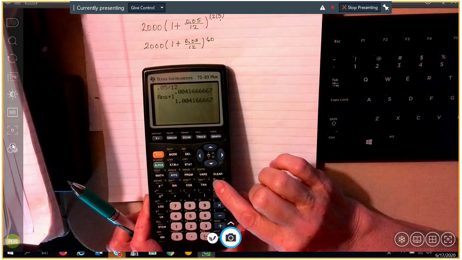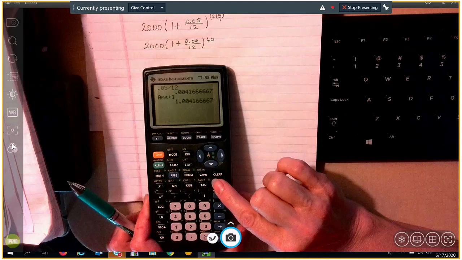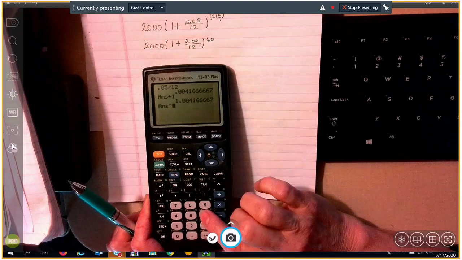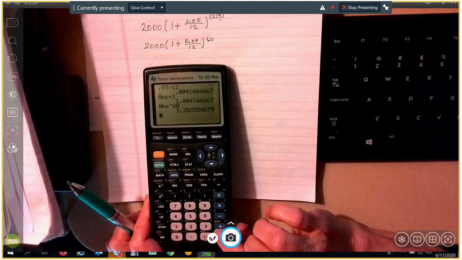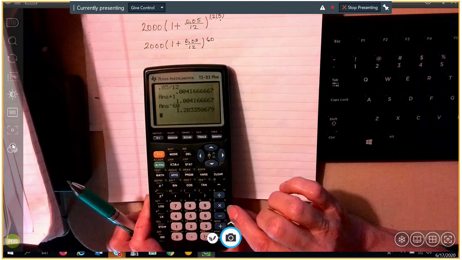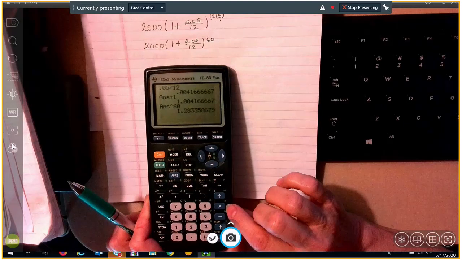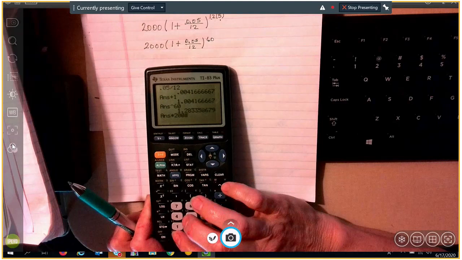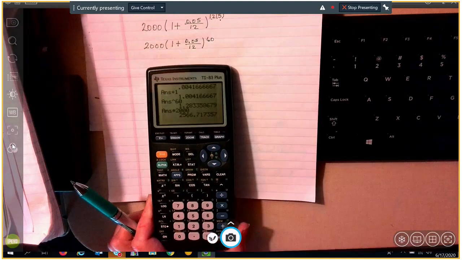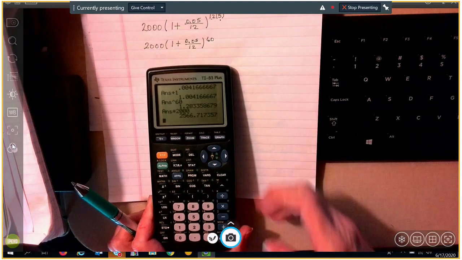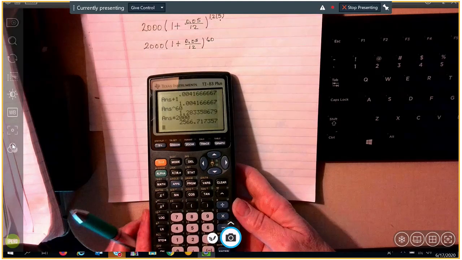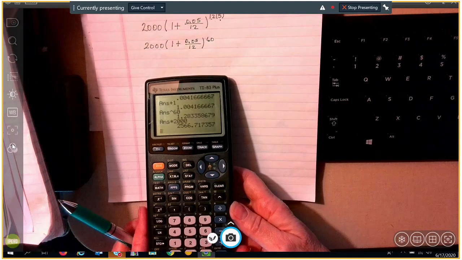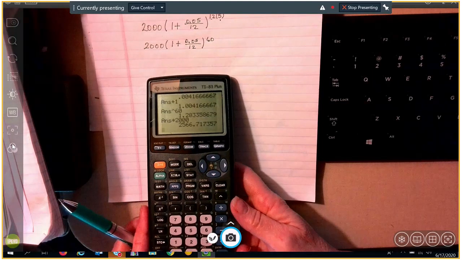You can use this little caret button. It'll take the answer to the 60th power. And then multiply that by 2,000. And you get 2,566, and it says round to the nearest hundredth, so it'll be 0.72.